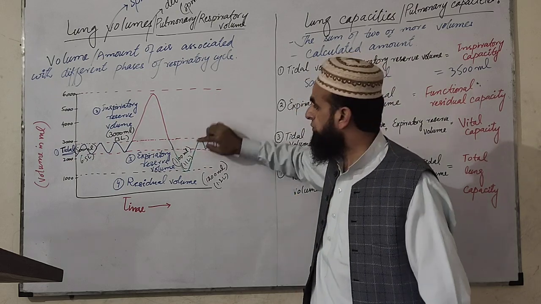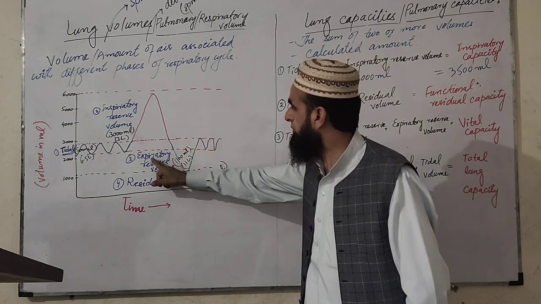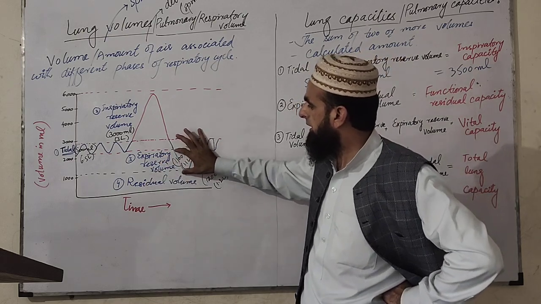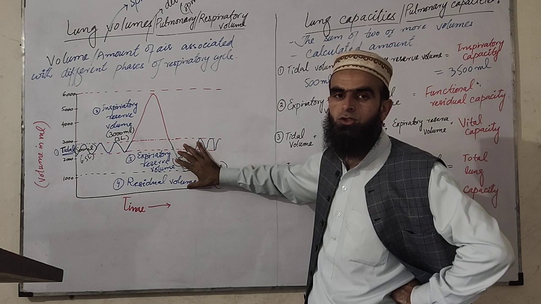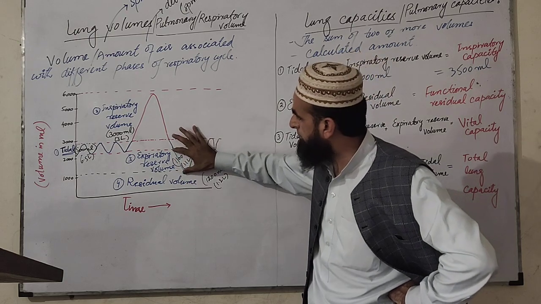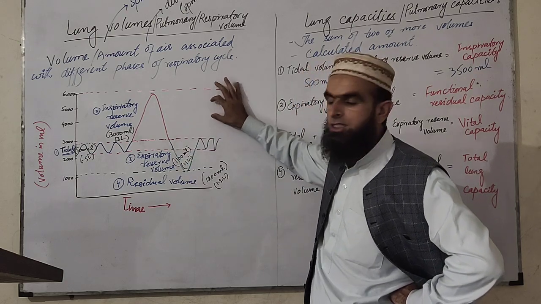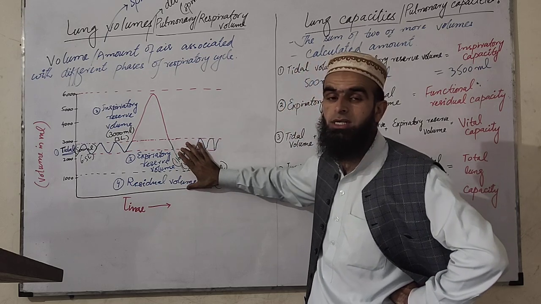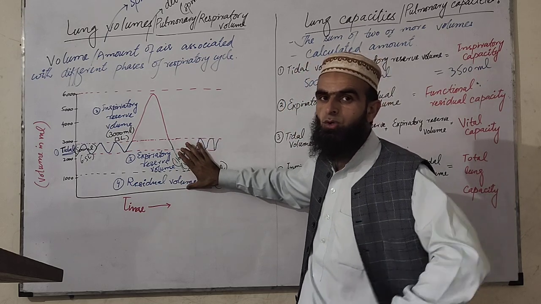For example, if we try to release some of the reserve volume inside your lungs, this expiratory reserve volume can be released. Therefore, this amount plus this amount is called the functional residual capacity.